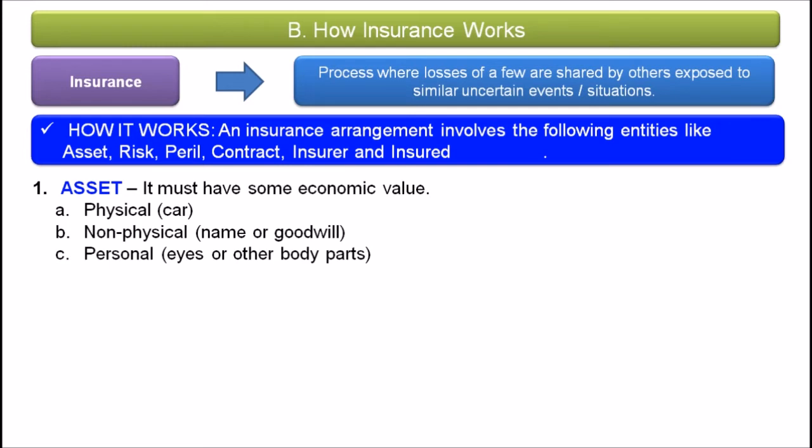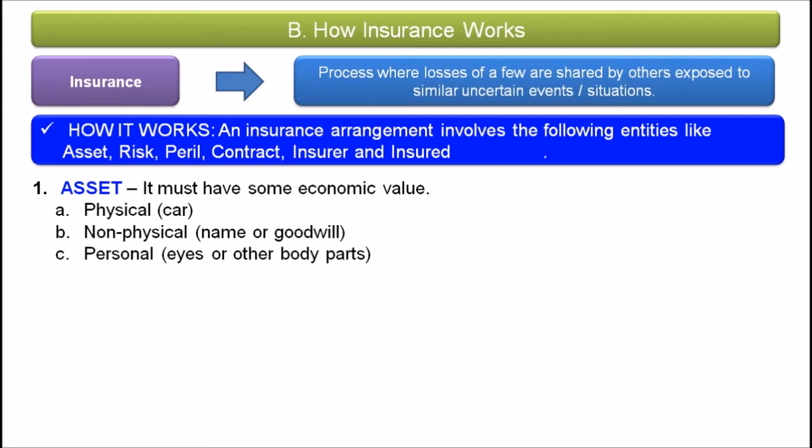It is very, very important. Name or goodwill. Do you know, the Kingfisher name itself is worth 10,000 crore rupees. So this is how a non-physical thing is also considered an asset.